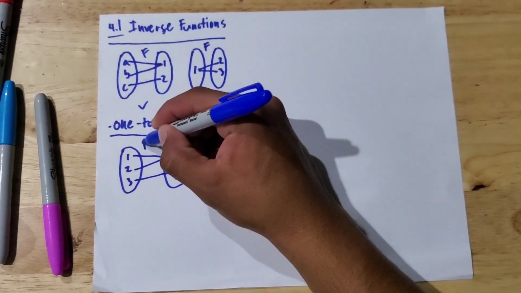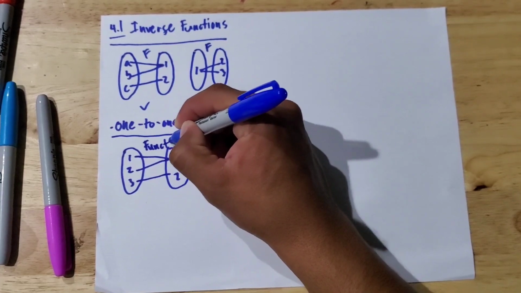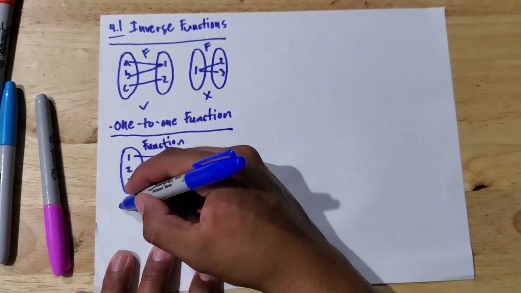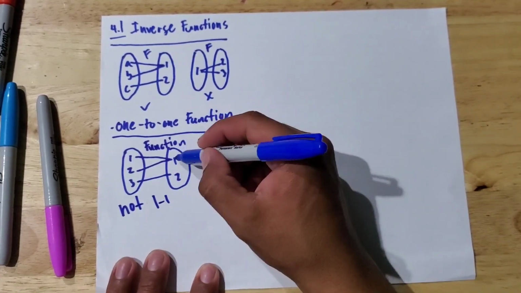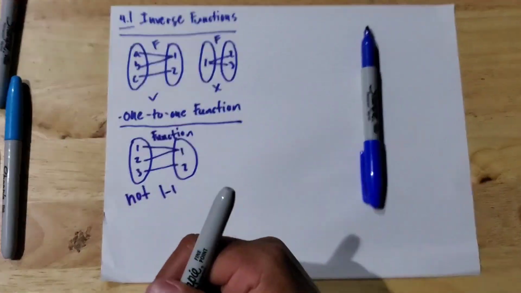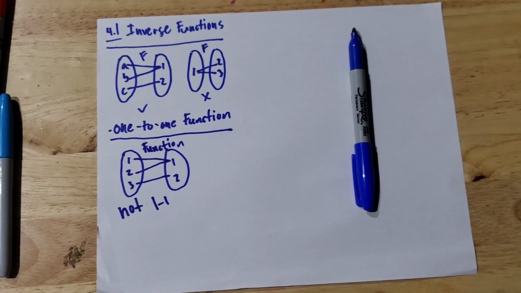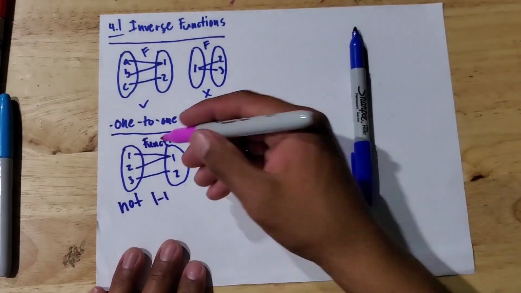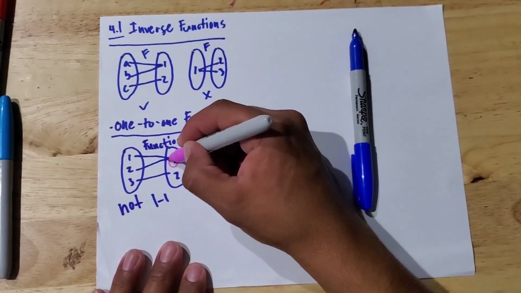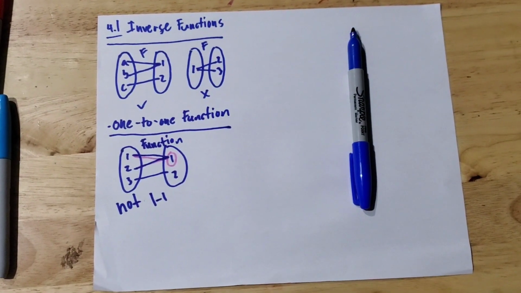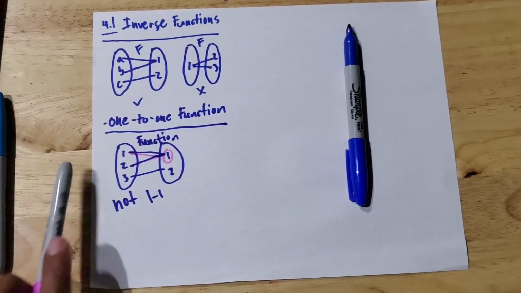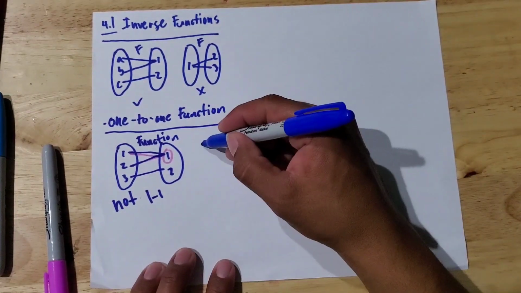This is considered a function, but it is not a one-to-one function because this y here is corresponding to two different x's, and that will not be a one-to-one function. It's still a function, but it's not a one-to-one function.